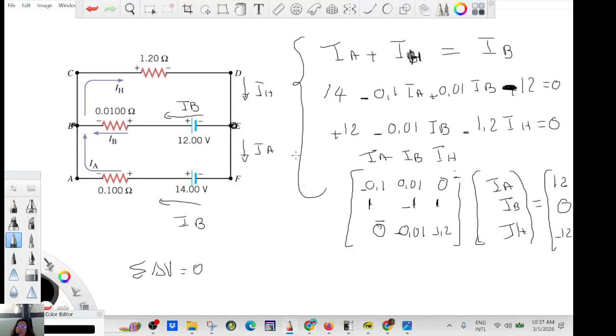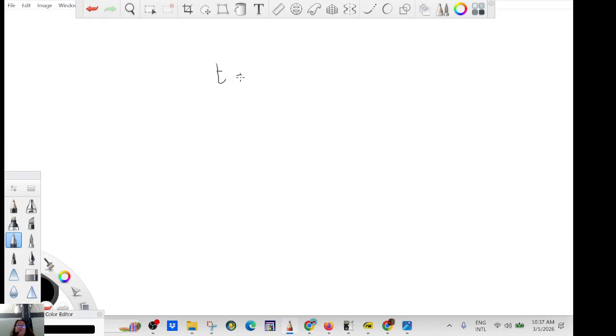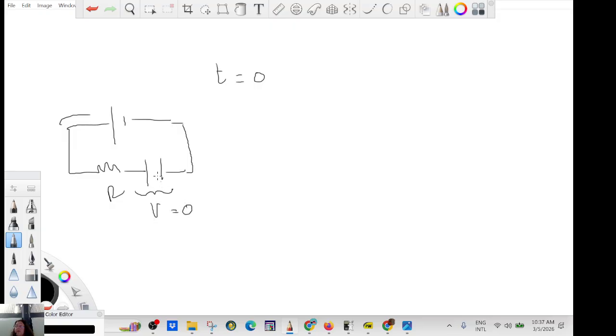Maybe for the pop quiz you need to remember that at t equals 0. So let's say you have a circuit, right? You have your power supply, you have your resistance R, and you have your capacitor. So at t equals 0, the voltage across here will be equal to 0, because you didn't put the first charge yet.